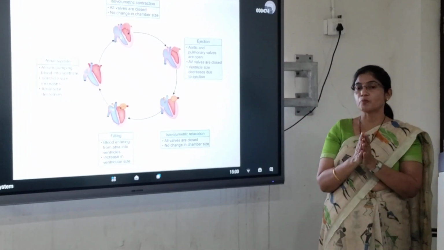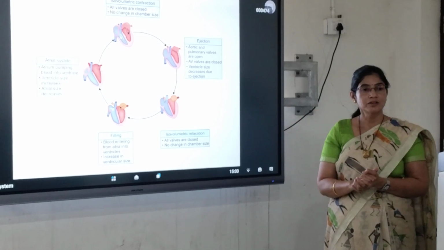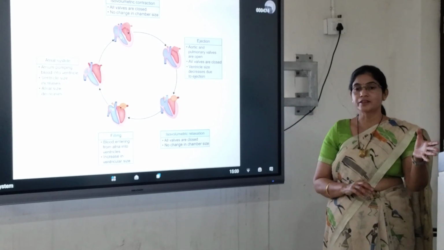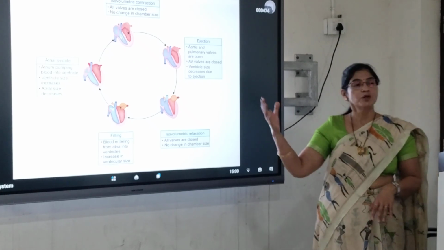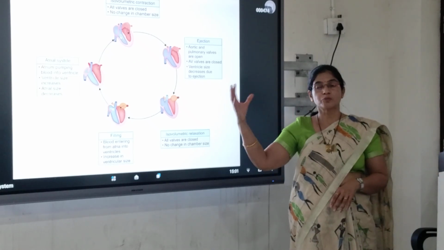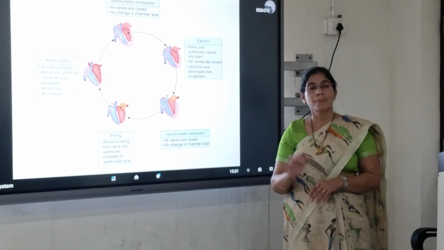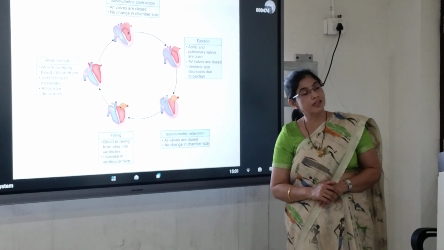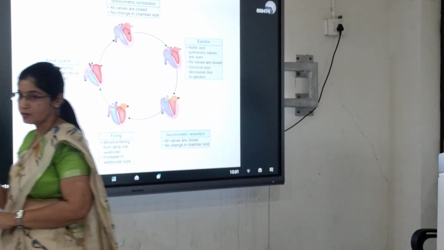Because of the relaxation of the atria, blood is accumulating in the atria, on the right side from the superior and inferior vena cava, and on the left side from the pulmonary veins. Because of accumulation of blood, the pressure in the atria will increase more than the ventricular pressure.